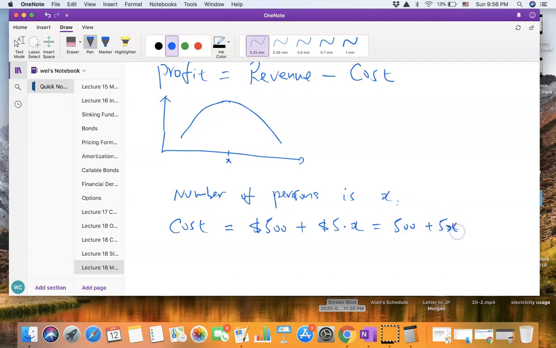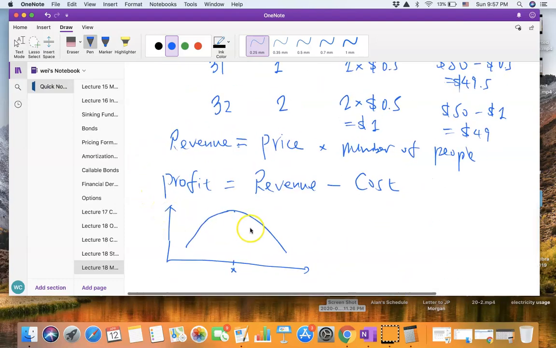So now the cost we can write as 500 plus 5x. The cost depends on x, depends on how many people there are.